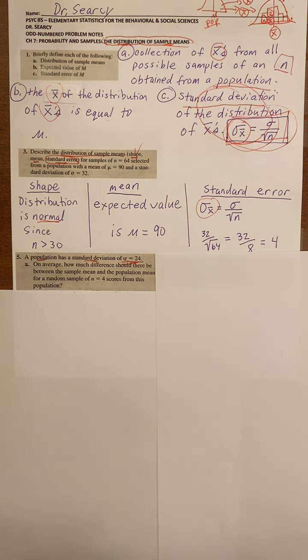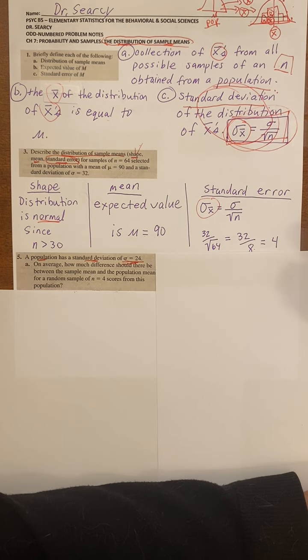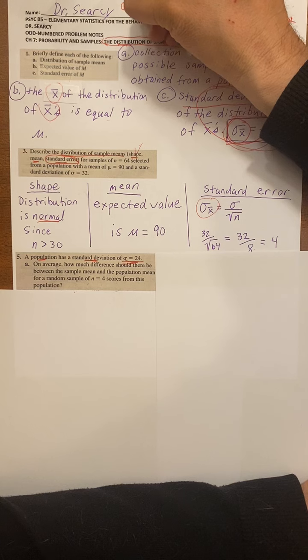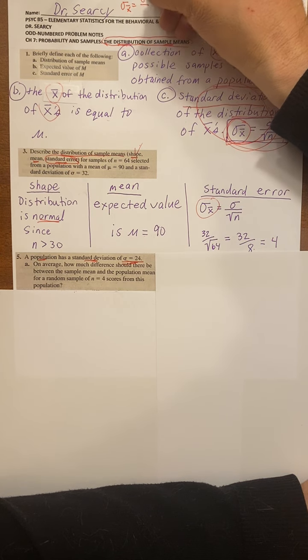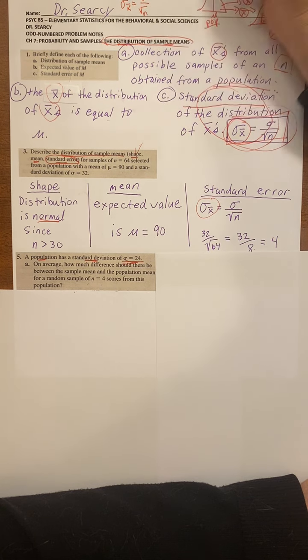Now, just let me note, for these problems in this chapter, they're training you to think of doing this equation and then doing a second equation, right? So they're training you to think of figuring out what standard error is by finding the population standard deviation and dividing it by the square root of n.